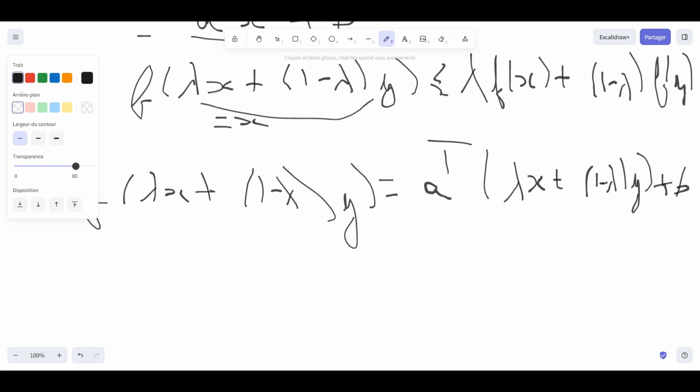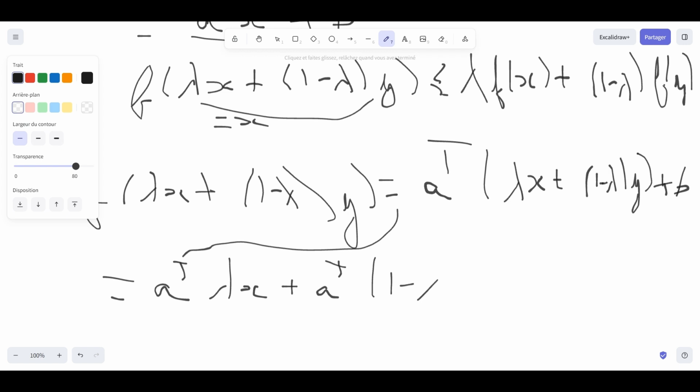We just need to expand the a dagger. So it's a dagger lambda x plus a dagger y minus lambda y plus b.